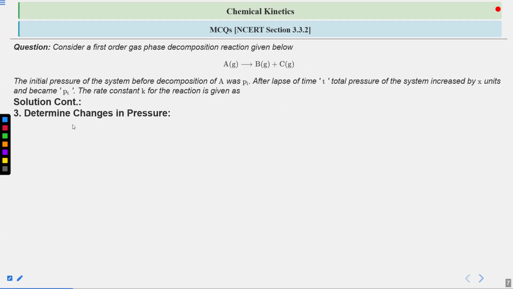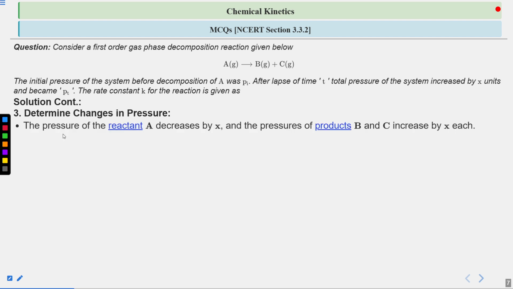Now thirdly, the next step should be determining the changes in the pressure, that is, how the pressure is going to change. So the pressure of the reactant A is decreasing by X amount of unit, and the pressure of products B and C is increasing by X amount of unit each.